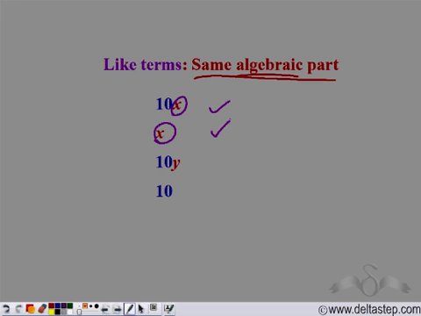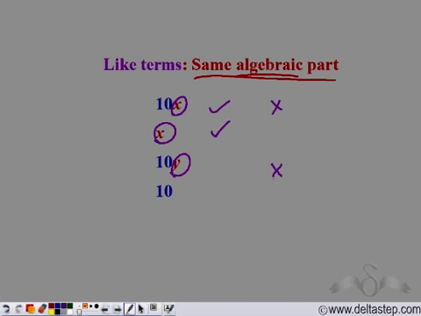Now what about 10x and 10y? 10x has the algebraic part x. 10y has algebraic part y. These two do not have the same algebraic part. So 10x and 10y are not like terms, although they have the same numerical part.